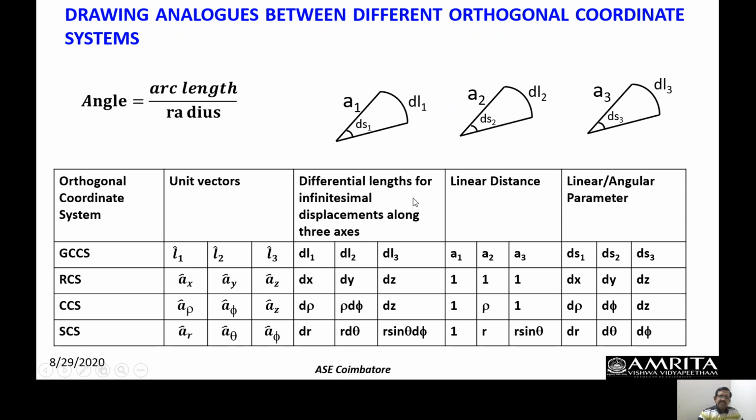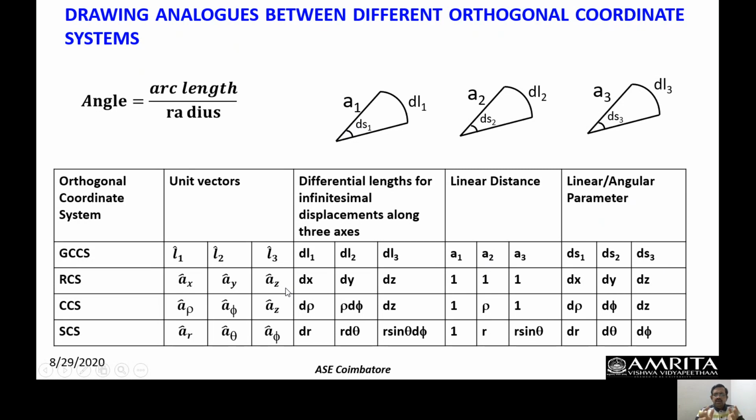The differential lengths along these three directions are dl1, dl2, dl3. The linear distance is a1, a2, a3, and the angular parameter, because in generalized curvilinear coordinate system all the three directions involve angles, I will write as ds1, ds2, ds3.